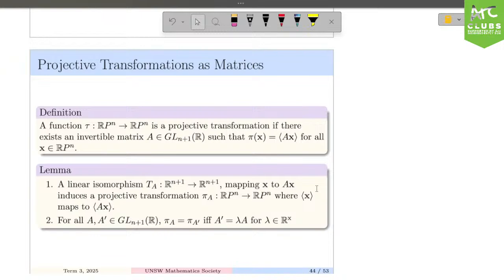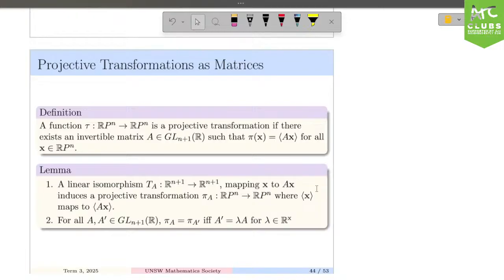So firstly, we note that the projective transformations are identical up to scaling because of the definition of a span, because we have AX is equal to lambda AX for any non-zero lambda.